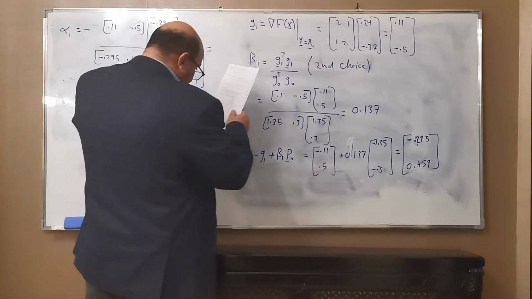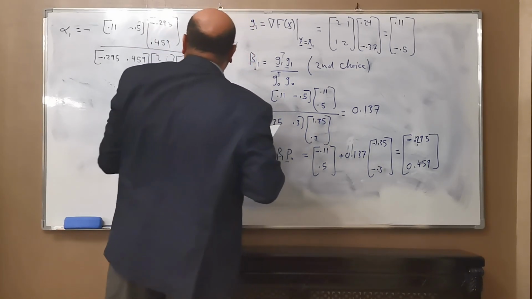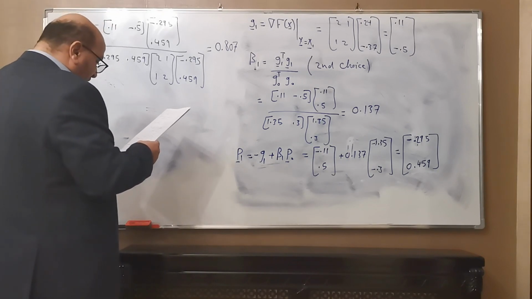And if we calculate this, it will be 0.807. So this is alpha 1.